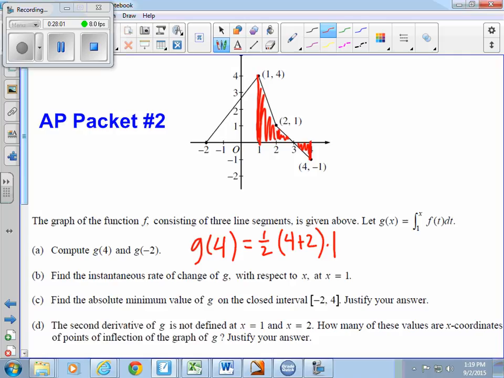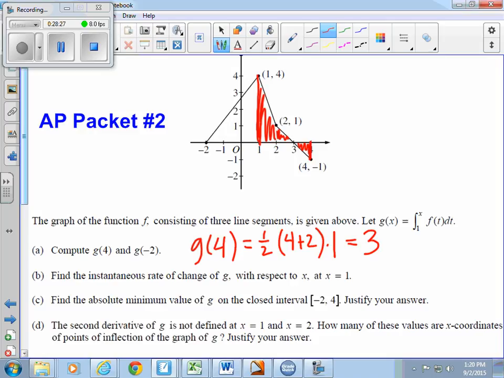Base 1 is 4. Everyone agree? What happens if there are 2 triangles? I don't even need to put those down because they're going to cancel out, right? g of 4 is 3. Any questions about that? Make sense?